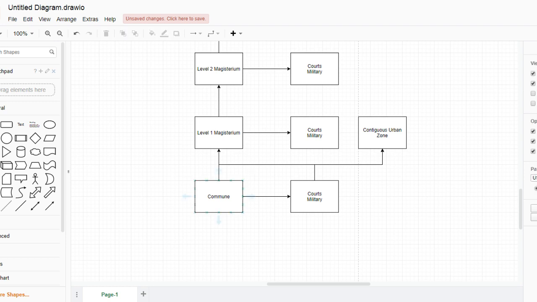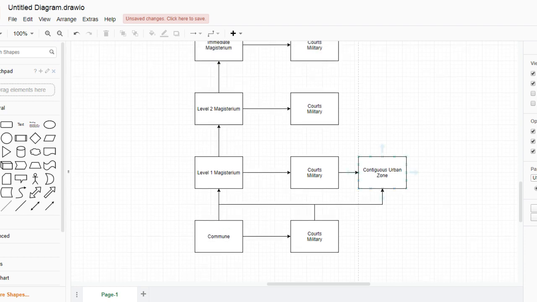So instead, we have a contiguous urban zone that shares authority on infrastructure and coordinates with the law enforcement of that area, as well as other relevant parts, in order to essentially make sure that the city keeps running. So that it has a common infrastructure zone. So that's if you've got big cities.